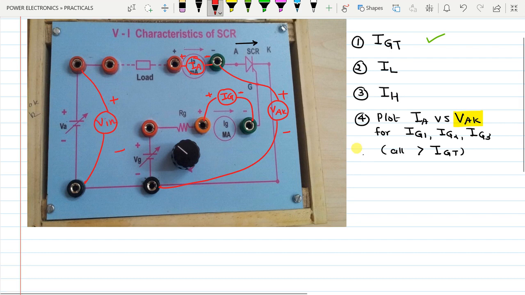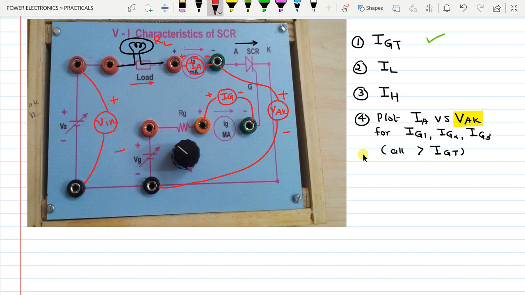We have to externally connect a load which is a 15-watt bulb. So it is like this. This is a 15-watt bulb, so this is called RL, and the load current flows like this, right?